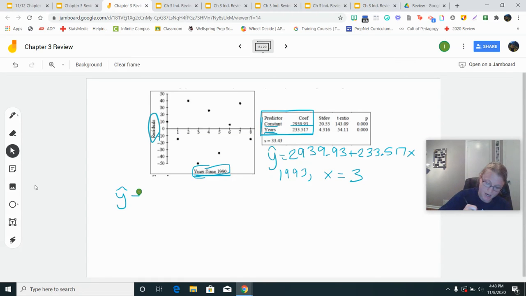So y hat is 2939.93 plus 233.517 times 3.